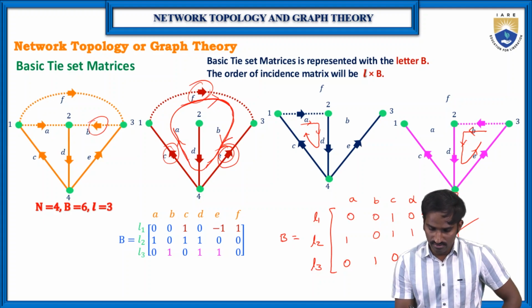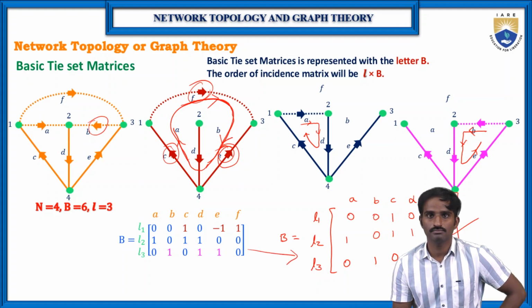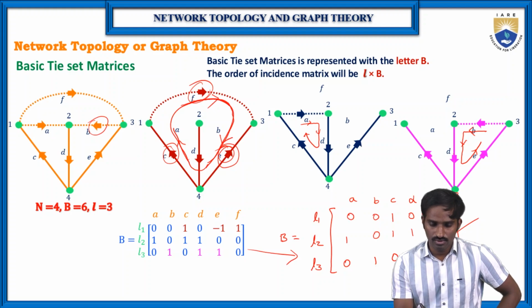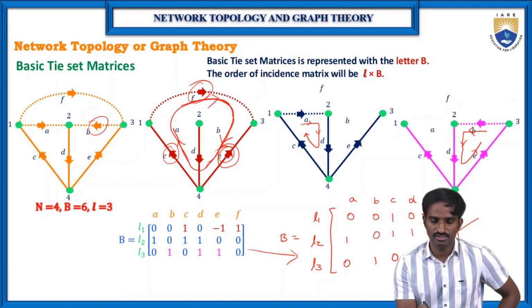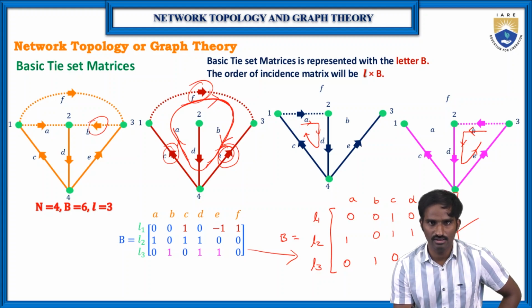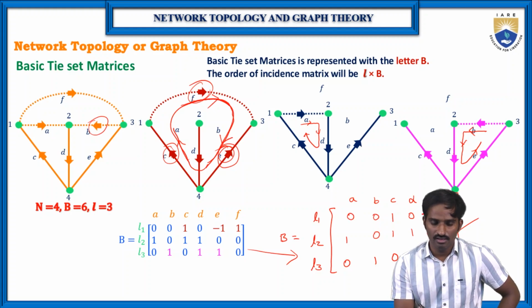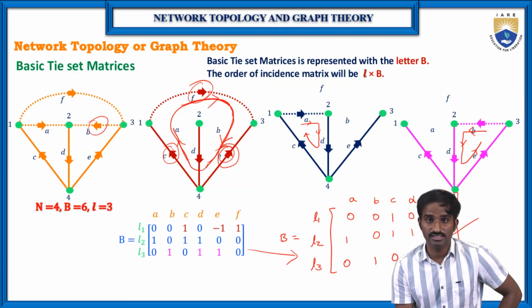So as you can see here, we should consider only the branches that form a loop, and we should indicate the loop direction the same as the link direction. The branches in the loop, we make them 1.